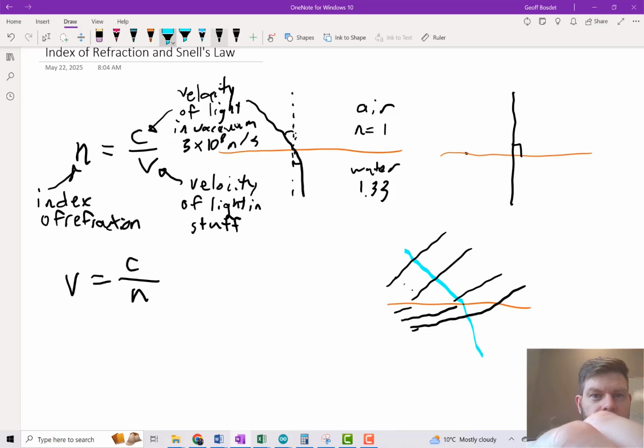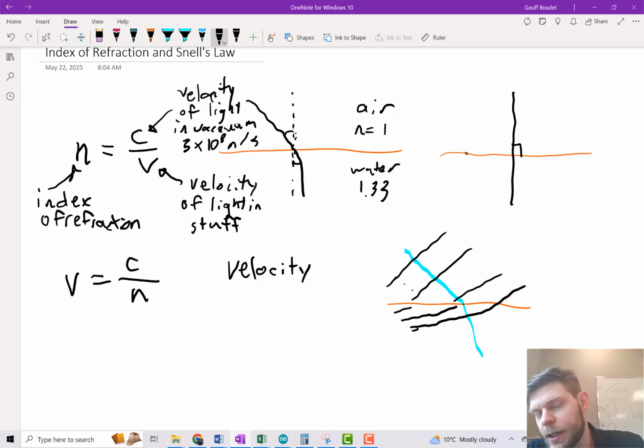One thing you should definitely know, and is likely going to come up on a test, is that velocity is determined by the medium. Like tension in a guitar string and how thick the guitar string is, that determines it. The temperature of the air and its density, that determines the velocity.